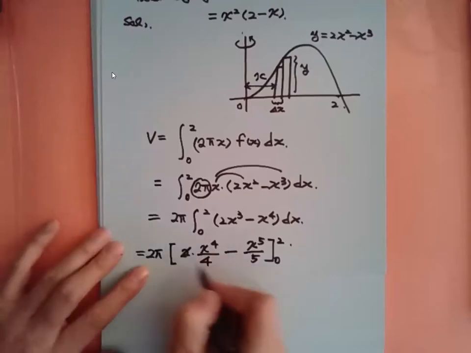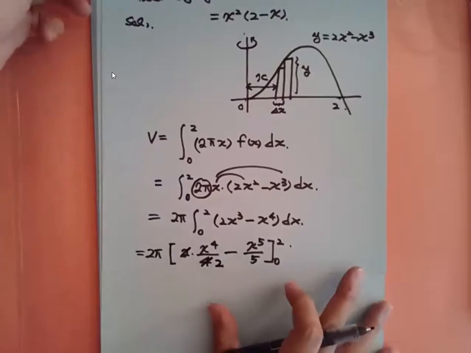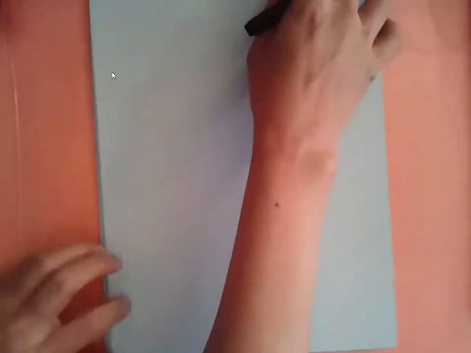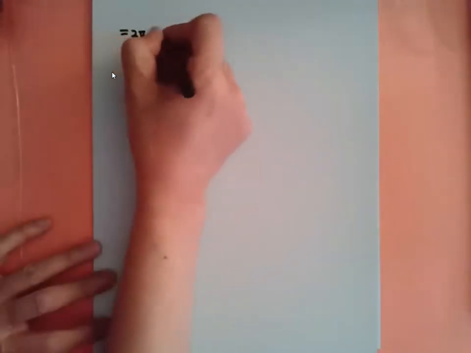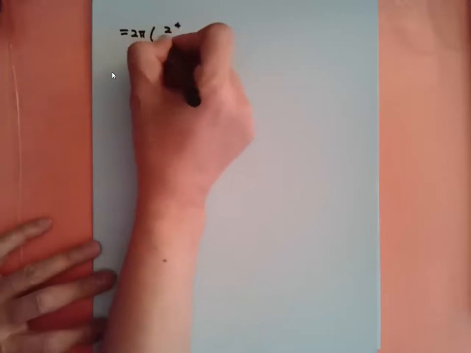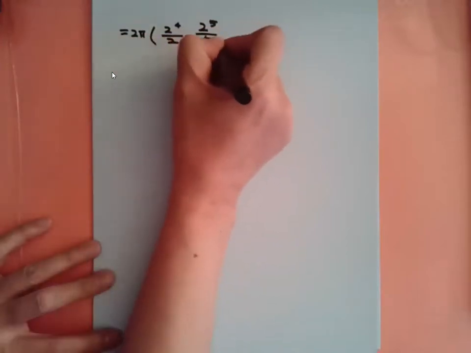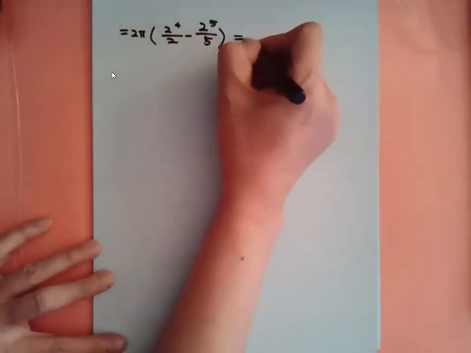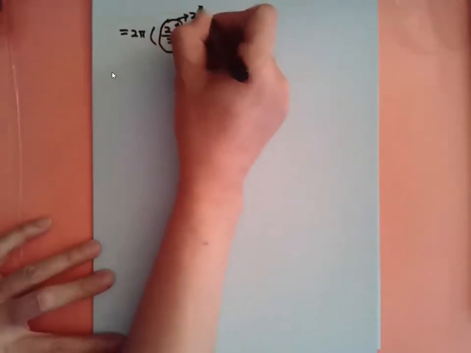So these two will cancel each other and the denominator will become 2. Let's plug in the number. Then that becomes 2 pi, 2 to the 4th power over 2 minus 2 to the 5th power over 5. So this one will become 2 cubed, which is 8.